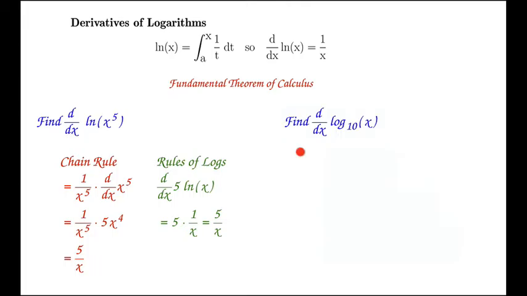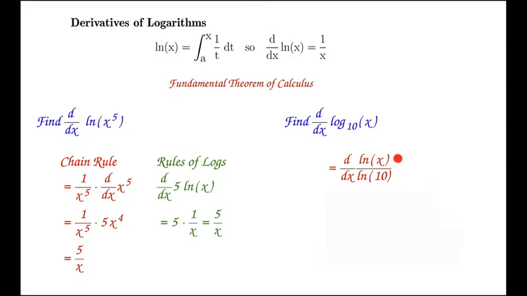In the next example, we're given the function log base 10 of x, and we're asked again to find the derivative. So we apply the change of base formula discussed in previous videos, and this results in the transformation of log base 10 of x to ln of x over ln 10.